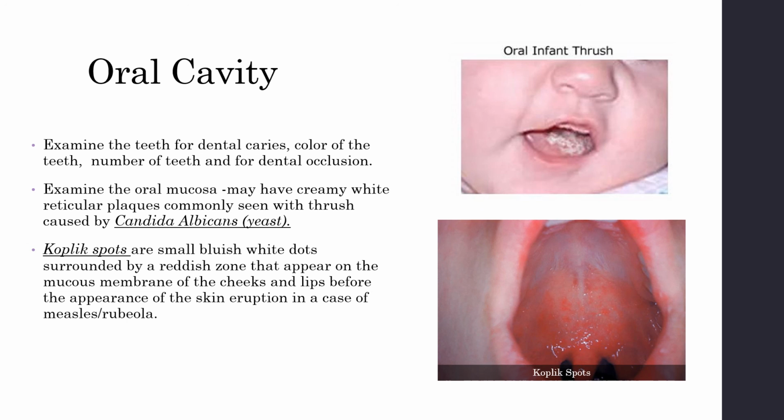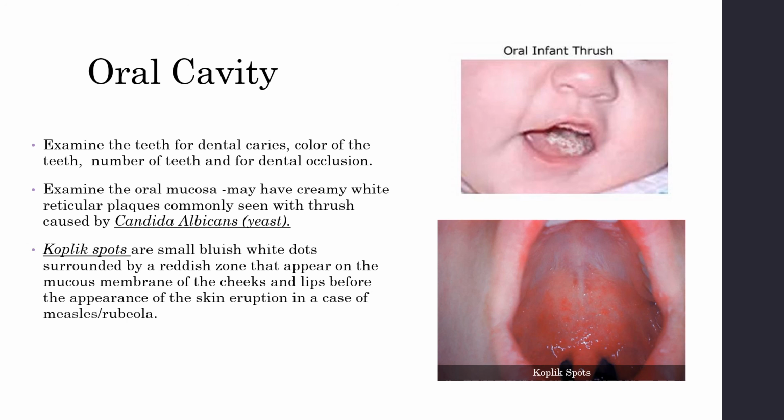And then something else I want to point out to you is the Koplik spot, which are these little small bluish white dots in the mouth, usually on the cheek, often in the lower first and second molar area of the mouth. These are found usually about 2 to 3 days before the measles rash appears.